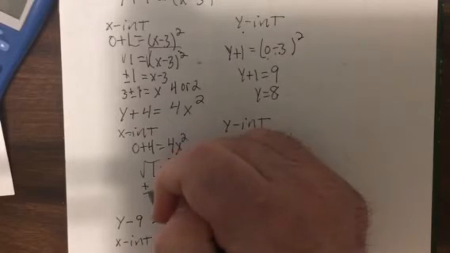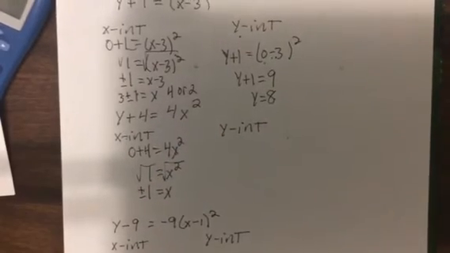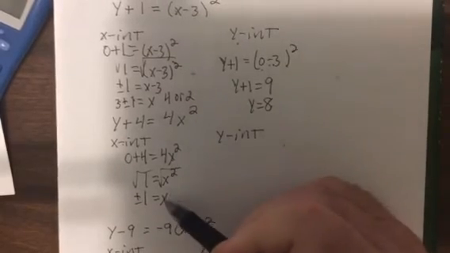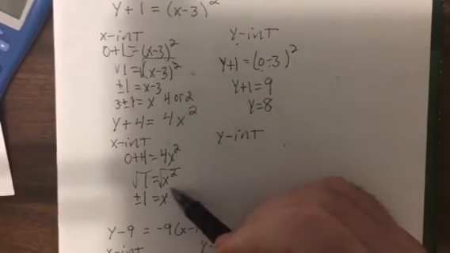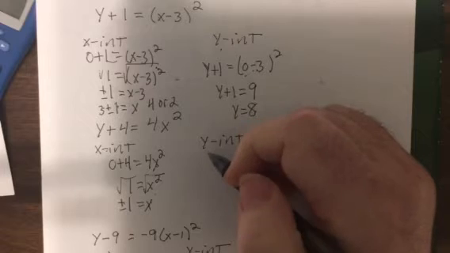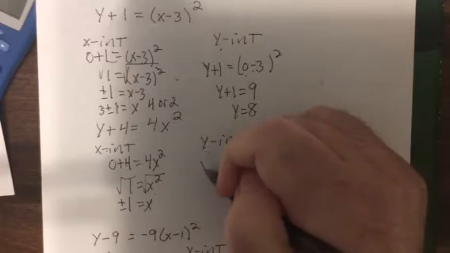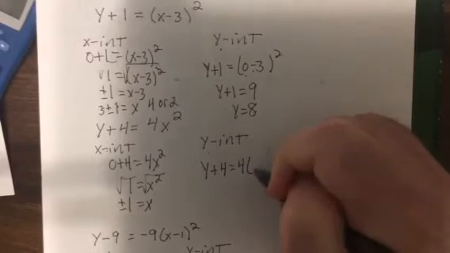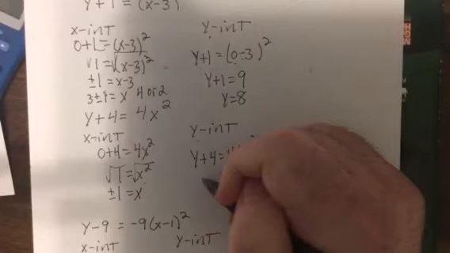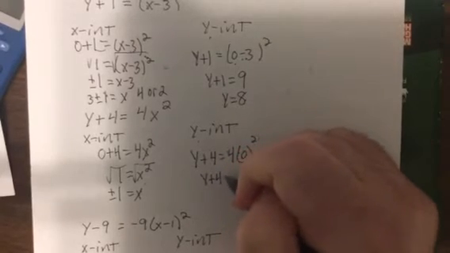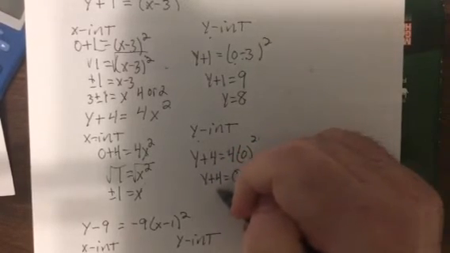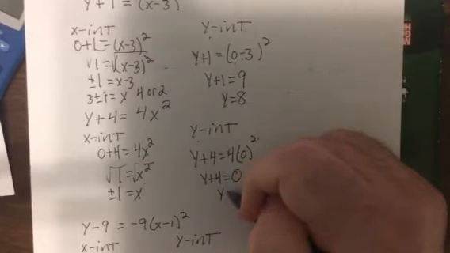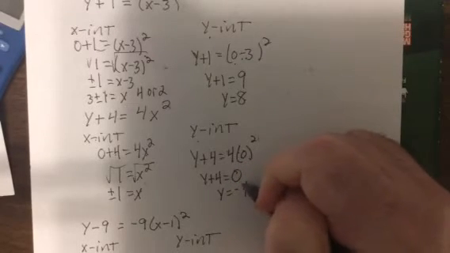You always put the plus or minus whenever you square root both sides and one of the sides is a variable squared. The y-intercept, put 0 in for x, so y plus 4 equals 4 times 0 squared. Well, 0 squared is 0, times 4 is 0. Y plus 4 equals 0. So subtract 4. Y is negative 4.